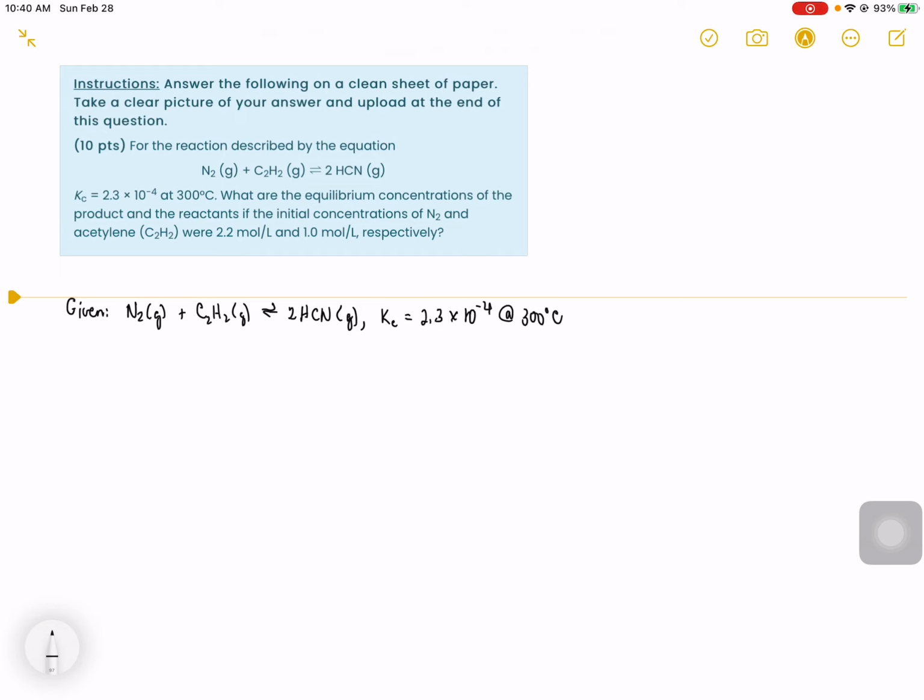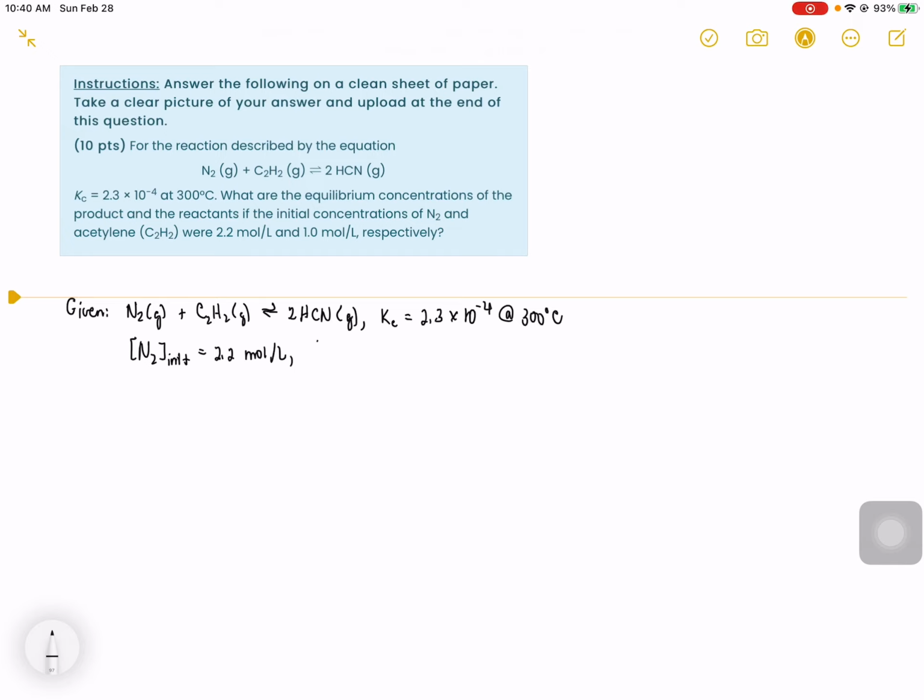So with this particular equation already written down, the initial amounts of nitrogen and acetylene are also known. So initially, the initial concentration of nitrogen loaded into the reaction vessel is 2.2 mole per liter.